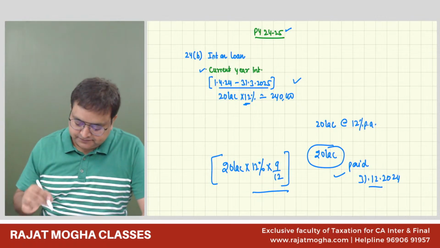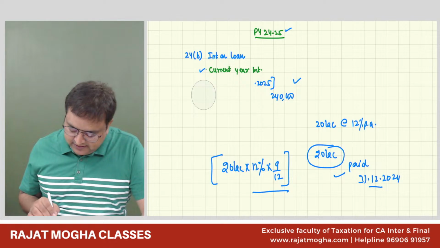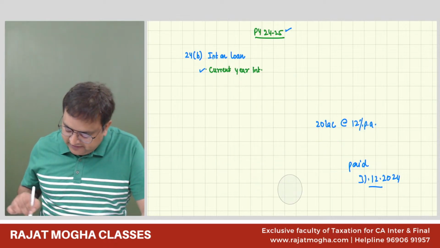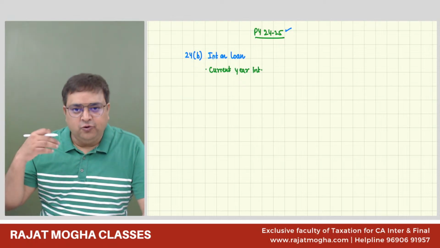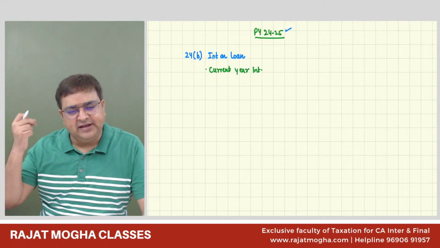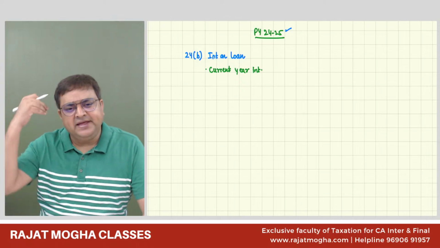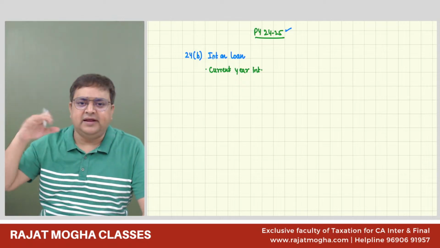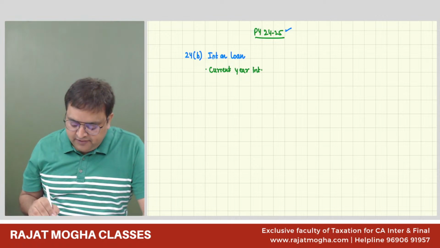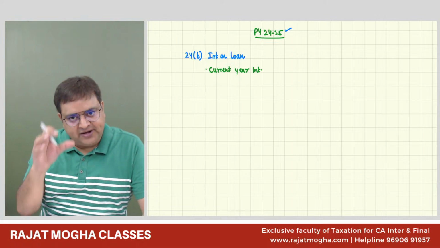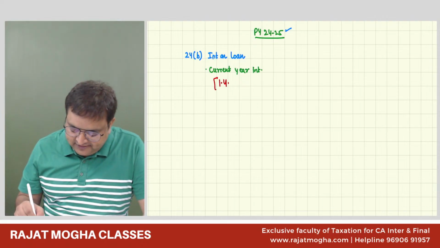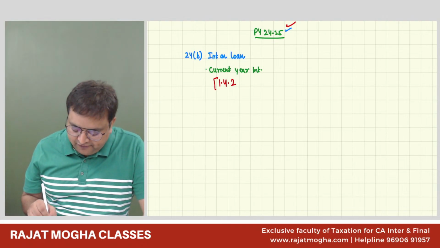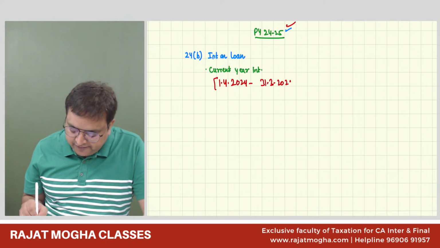Okay. Now you have to calculate, and in fact, everybody has to calculate this for me. Let's say there is a loan which has been taken by the assessee. When he has taken it doesn't matter right now, he has taken it 1 year back, 2 years back, 10 years back, doesn't matter. When I say current year interest, I'm strictly talking about 1/4/2024 till 31st of March 2025.